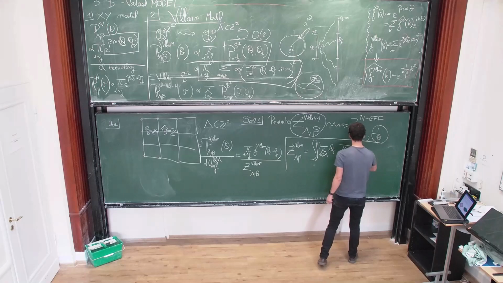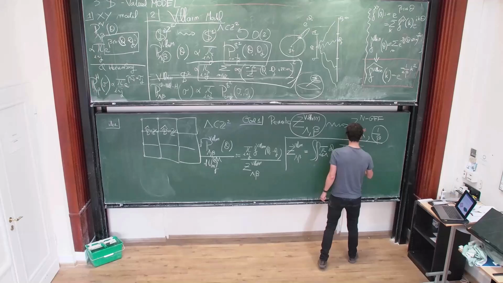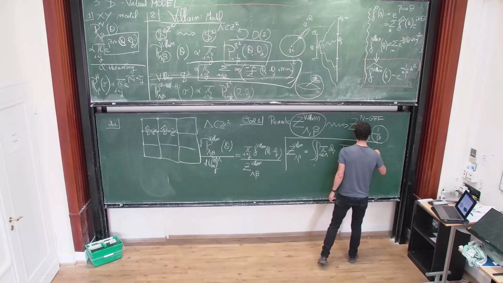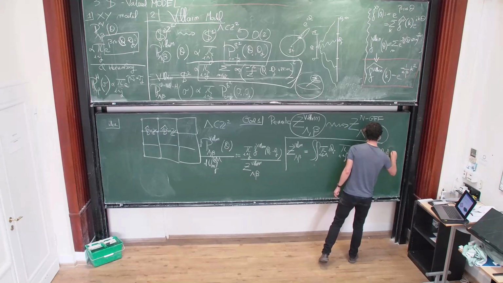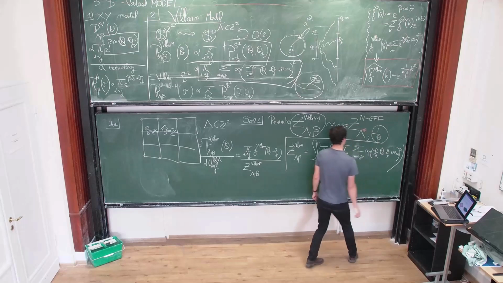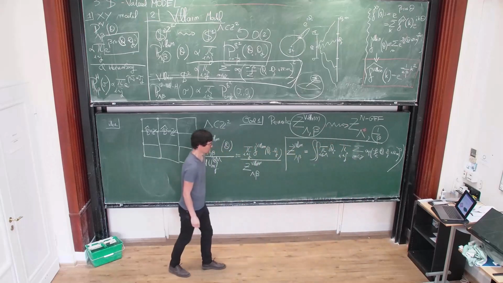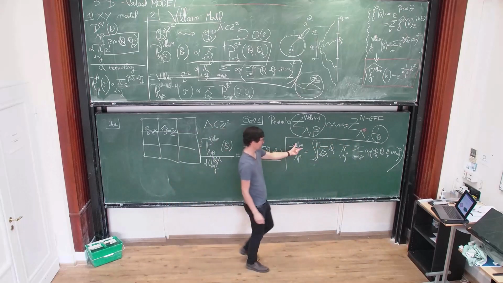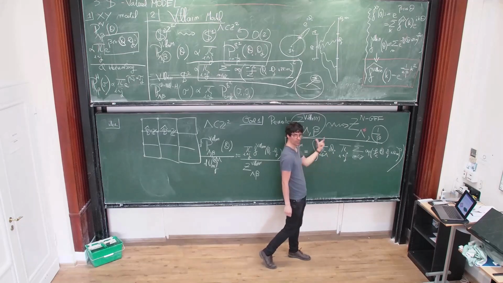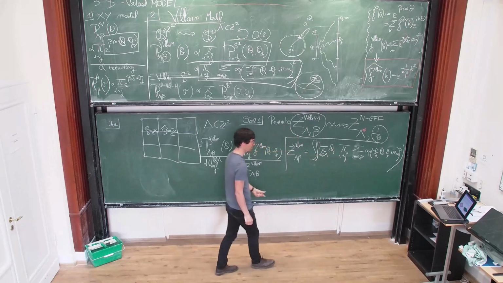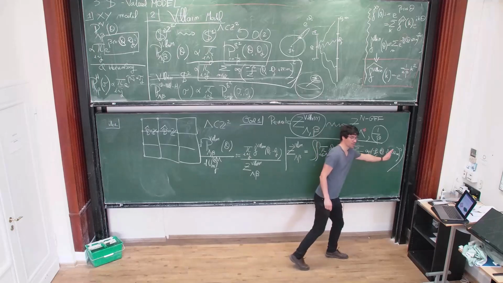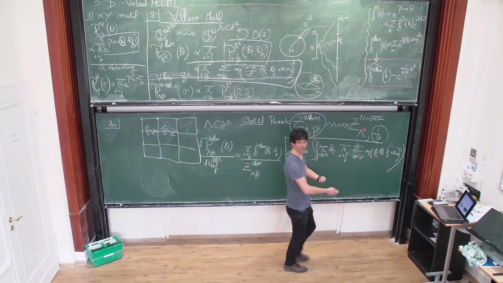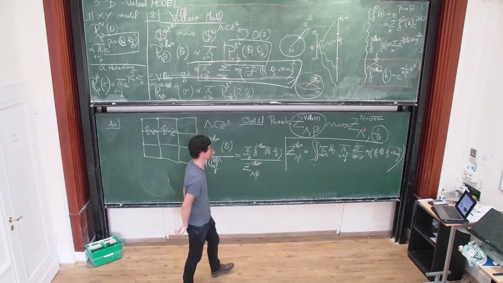Maybe I will write down what f Villain is, which is the sum over m in Z of exponential minus beta over 2 times theta i minus theta j plus 2 pi m, squared. So the partition function is just the integral over the uniform measure on my angles of how large my Gibbs weight, my modified Villain Gibbs weight, is.